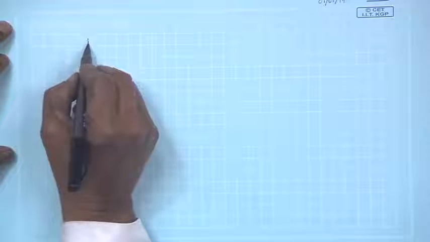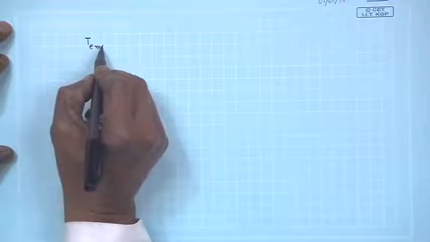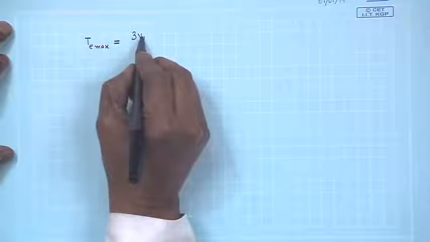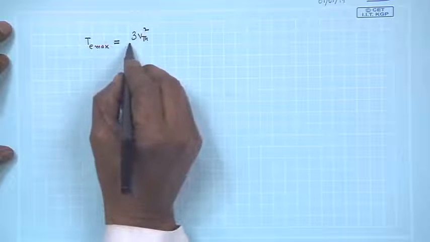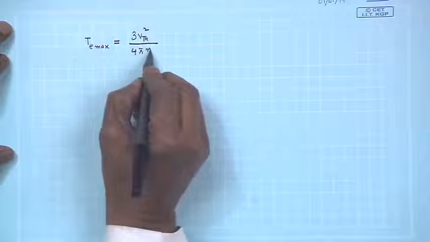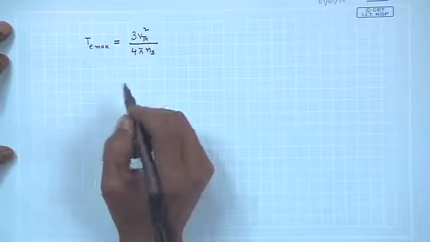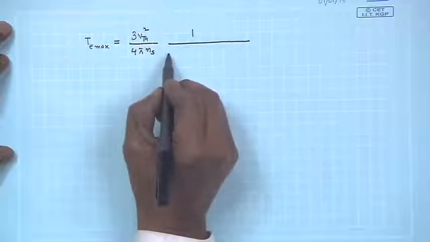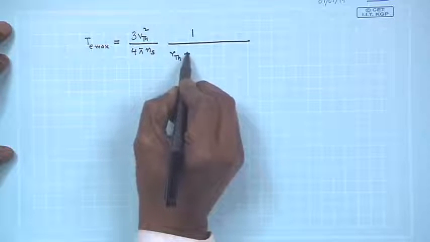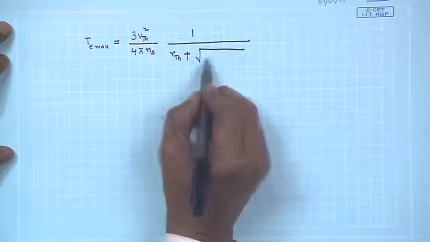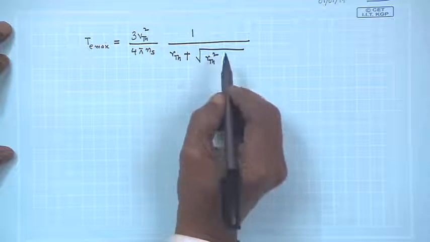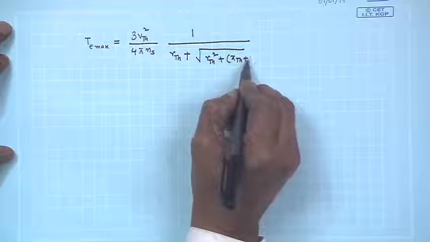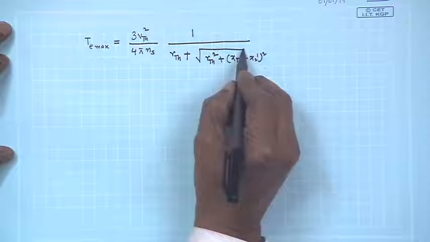One is T max, the maximum electromagnetic torque developed by the machine: V Thevenin squared by 4 pi ns. Mind you, this ns is in RPS, mechanical speed, and 1 by this is R Thevenin plus square root of R Thevenin squared plus (X Thevenin plus X2 dash) squared.